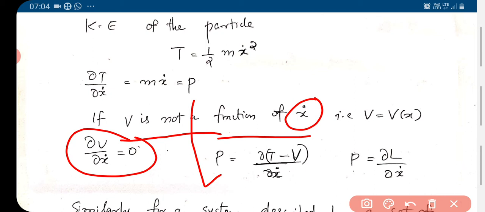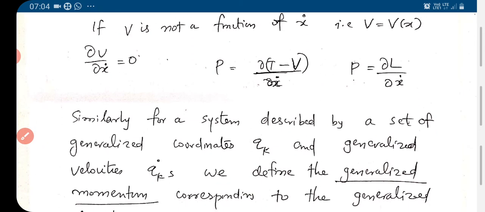T minus V is the Lagrangian. So P is ∂L/∂x dot.